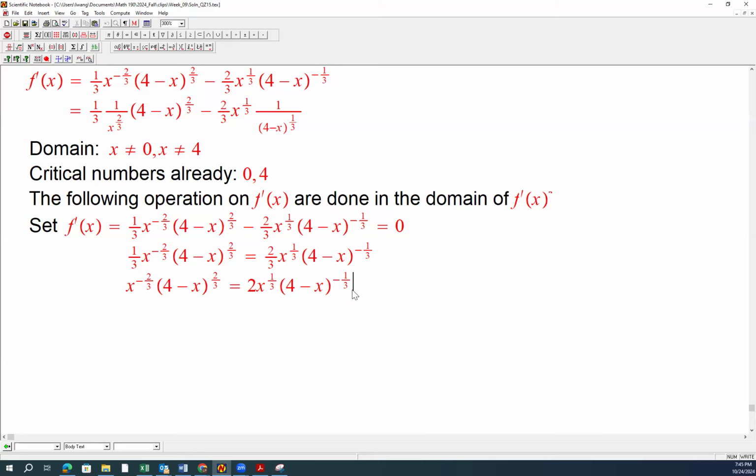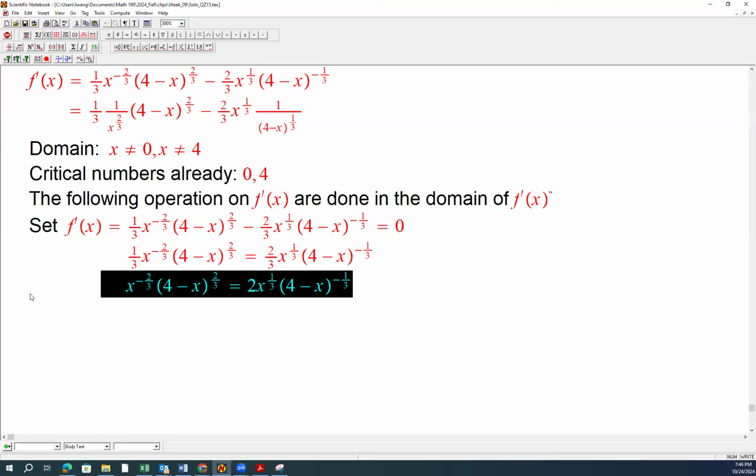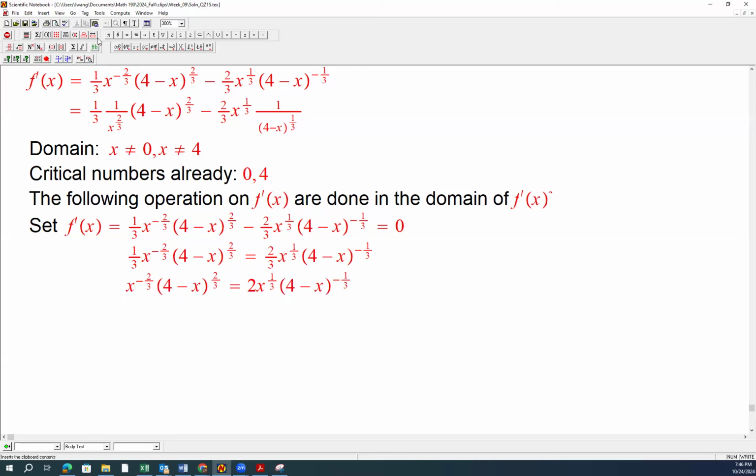What do we do? Well, how about we multiply this piece on both sides? I'm going to show you. I'm going to multiply 1 with 4 minus x to the positive 1/3.